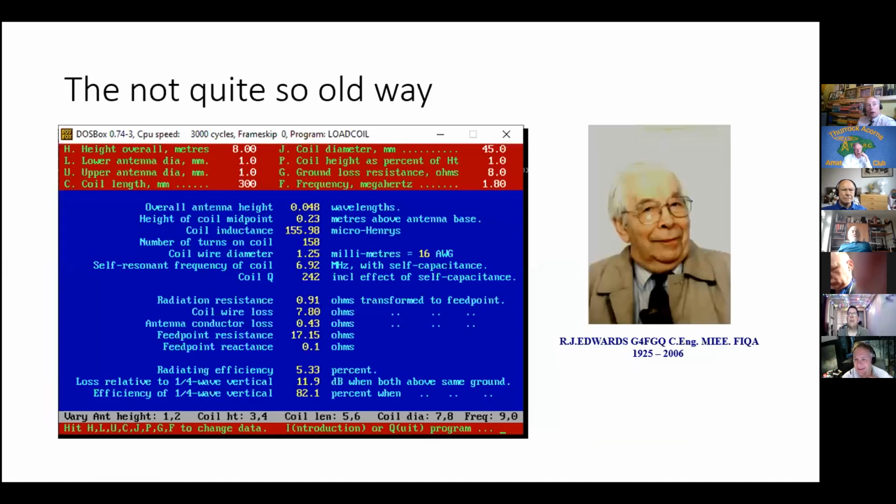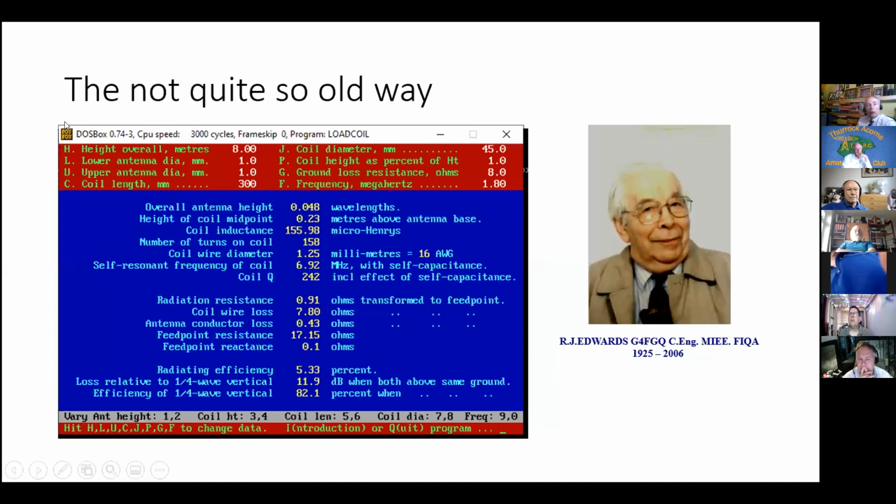Another very good engineer, Reg Edwards, who worked in his youth at the Royal Signals and Radar Establishment at Malvern, turned a lot of those mathematical equations into computer programs in the 1980s when the IBM PC first came out.